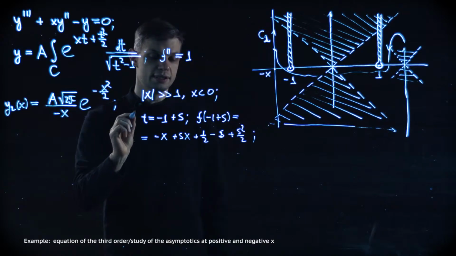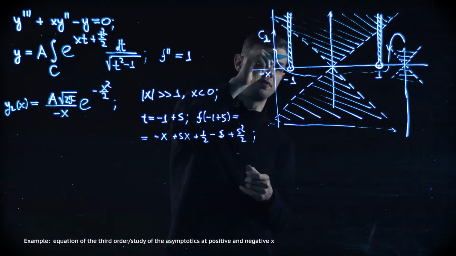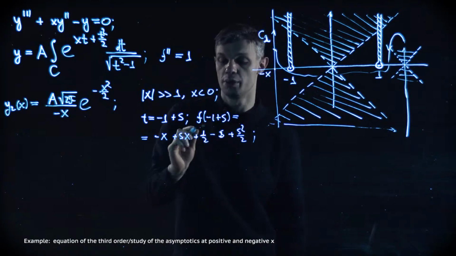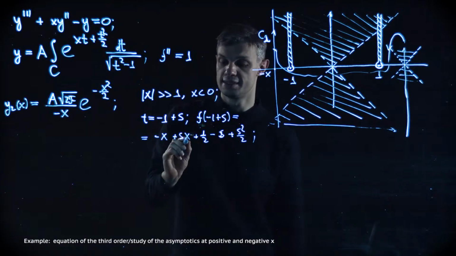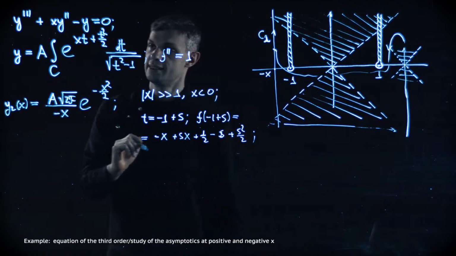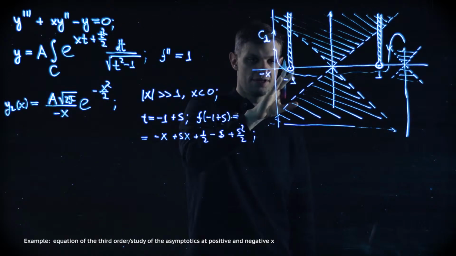As you see, if s is small, so if the deviation from this branch point is small, then we can discard the s squared over 2 term. So we can leave only the x and sx terms. That's it. So the structure of our integral is greatly simplified in the vicinity of this point.